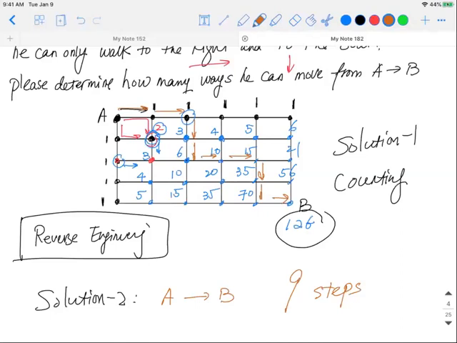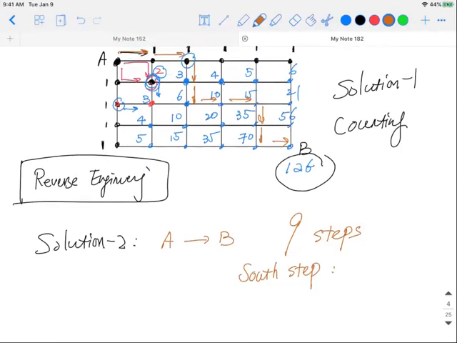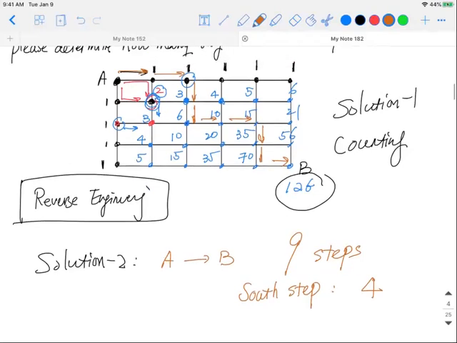And within these 9 steps, how many steps does Peter need to go to the south? Of course, at the end of the day, he will go 4 steps to the south, because at the very beginning, Peter is standing here. At the end of the day, Peter is standing there.